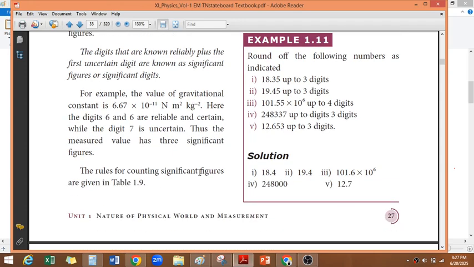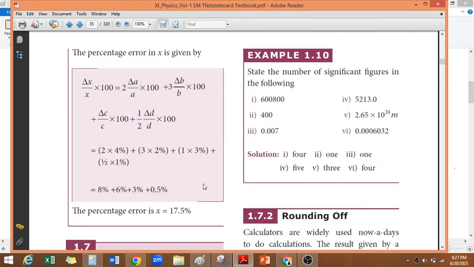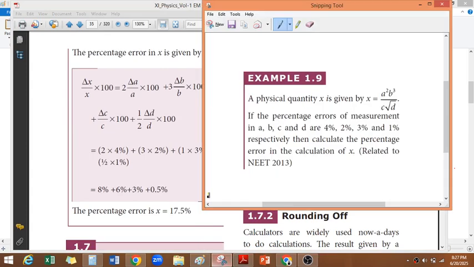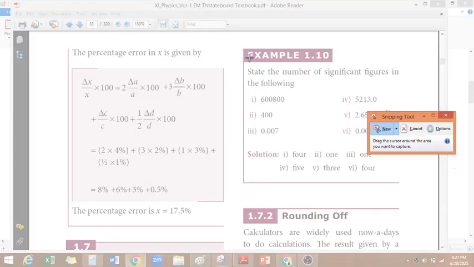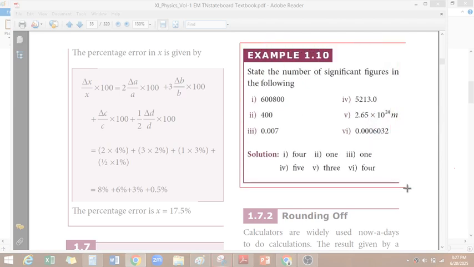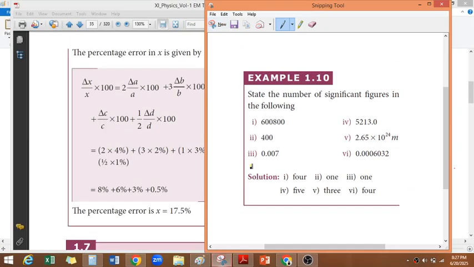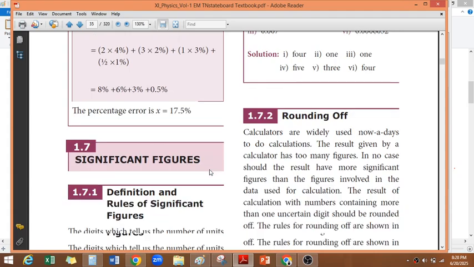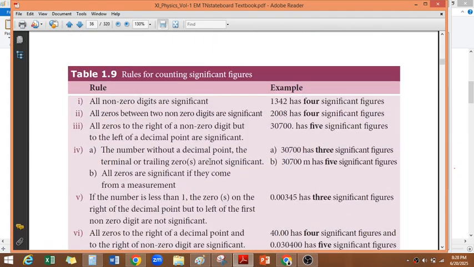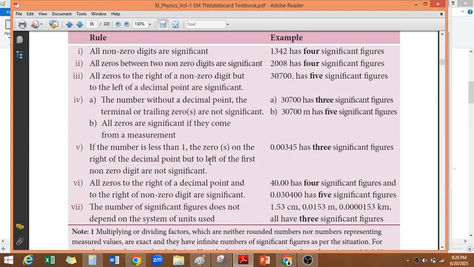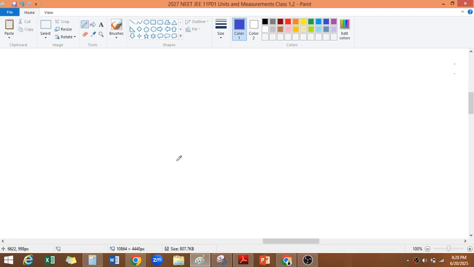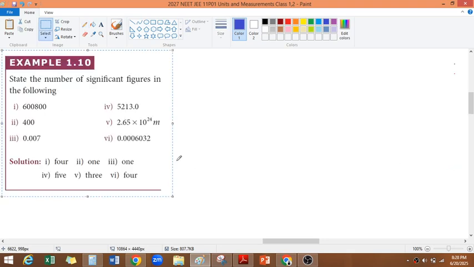So, rules for counting significant figures. Let's take some examples, probably you will understand it better. The rules are given in this table, but maybe we can do it along with the examples, so it will make more sense.